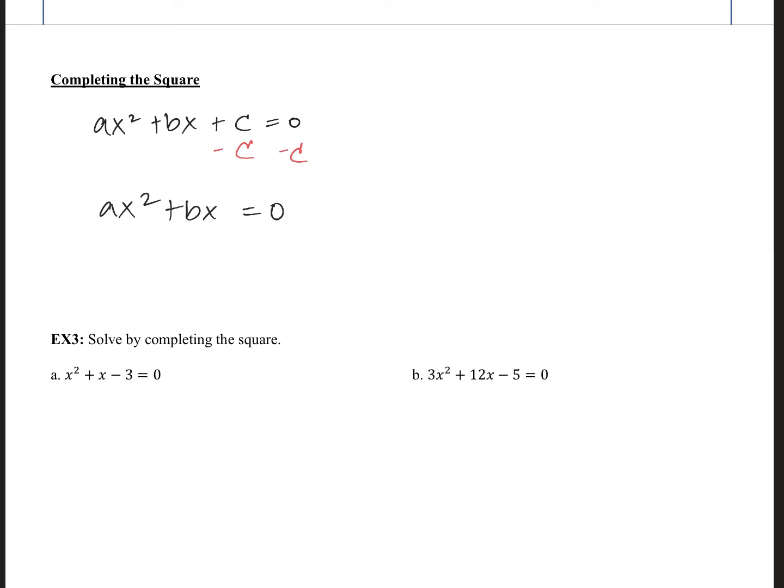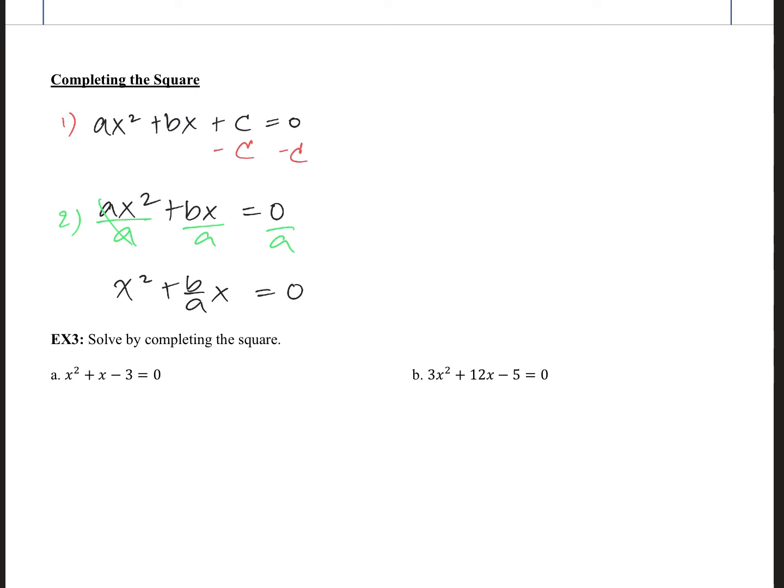Then what we're going to do is make sure that there is no number in front by the x squared. So divide everything by that constant. So 1, 2. Okay, so then we would have x squared plus b over a x equals something.